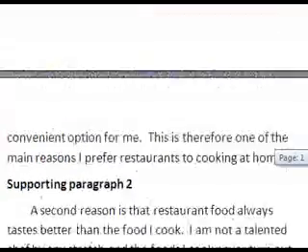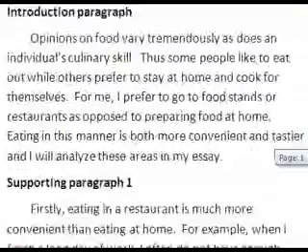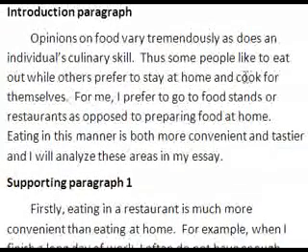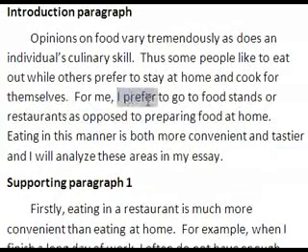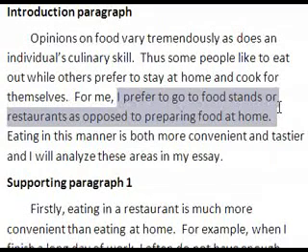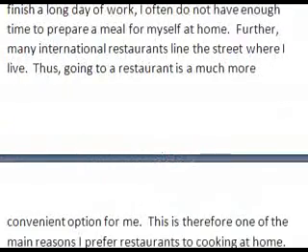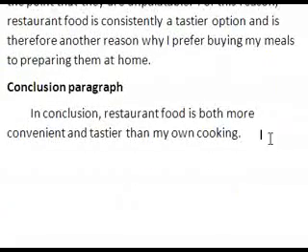The second sentence is a restatement of our thesis. So if we come back to our introduction paragraph and take a look at our thesis, I prefer to go to food stands or restaurants as opposed to preparing food at home. Now we just want to state this again in different words.